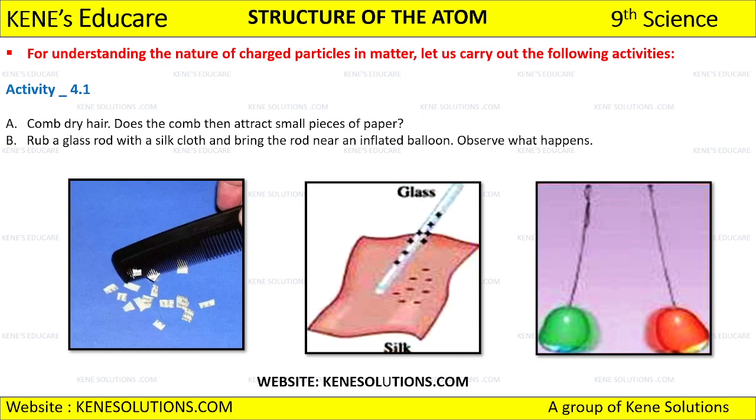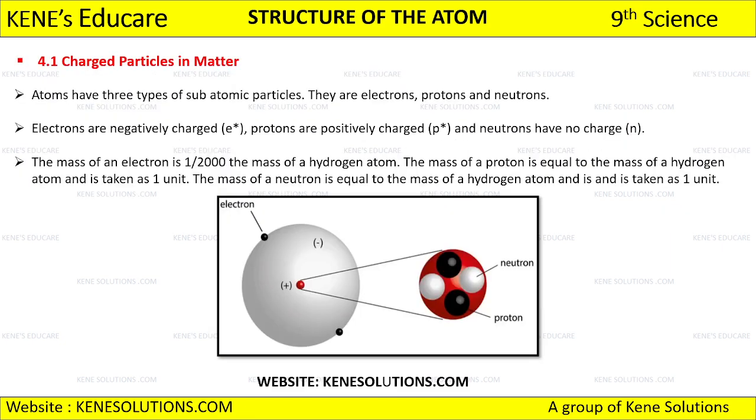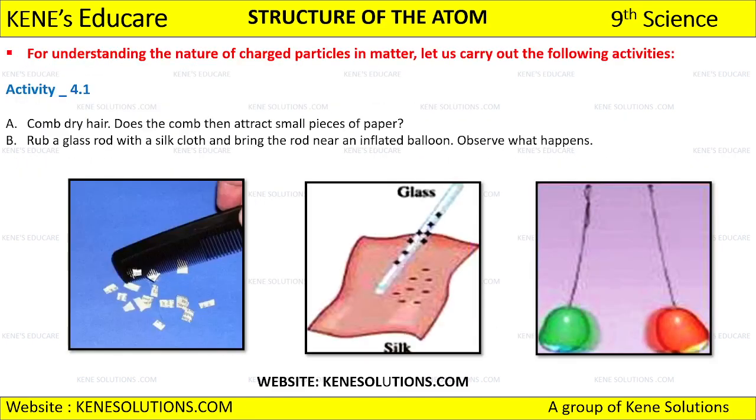As stated in this part, static electricity was the first indication that atoms are not indivisible, meaning that they cannot be divided further. It came from studying static electricity and the conditions under which electricity is conducted by different substances. That is why this activity was done. I want you all to please go through this activity, and if possible, perform it, which will be better.